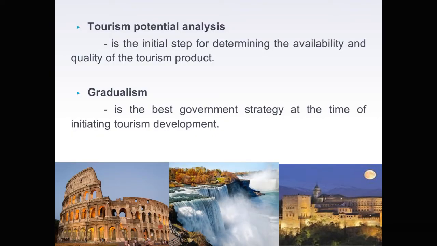So, next one is the 2 terms about tourism potential analysis and the gradualism. So, ano ba yung sinasabi nating tourism potential analysis? So, when we say tourism potential, it is the initial step for determining the availability and quality of the tourism product.